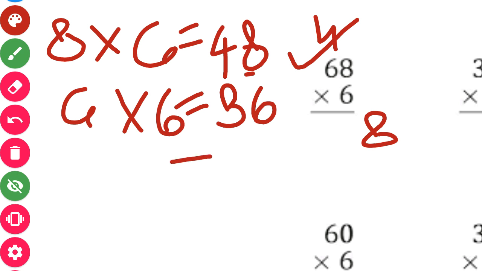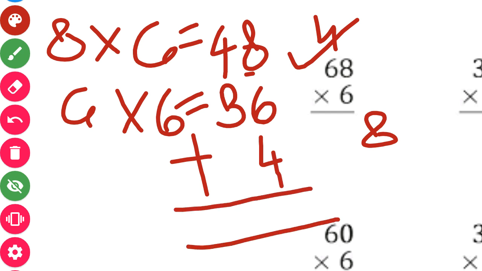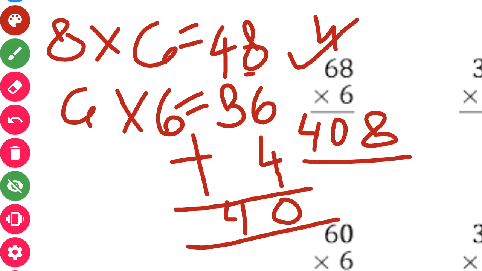Now 36 plus 4, we will get... add 4 to 36: 37, 38, 39, 40. We have got 40. That we will write here. Now our answer is 408. Okay, good job.